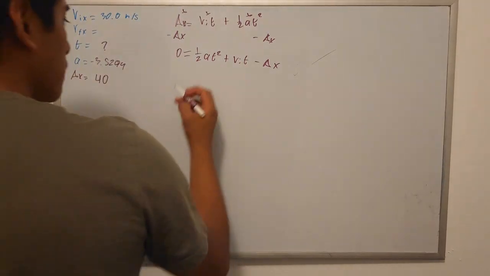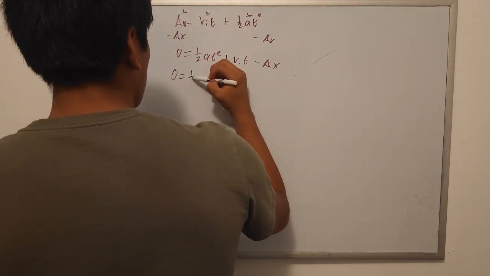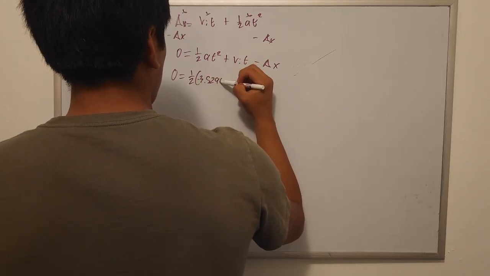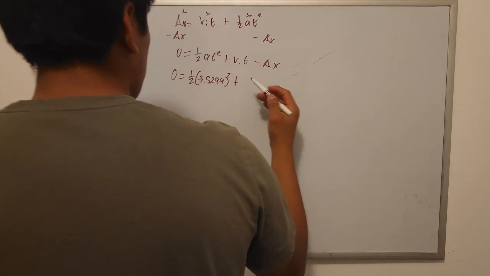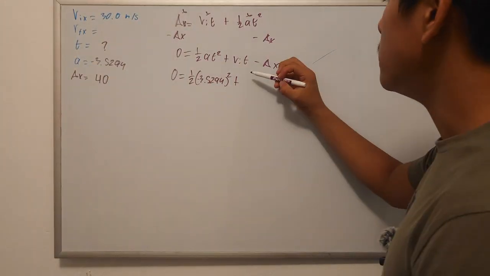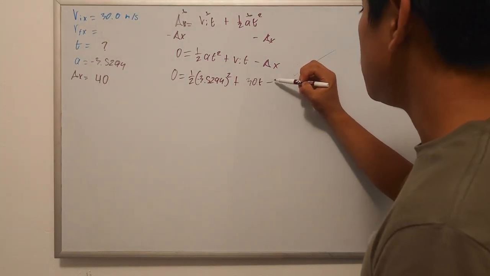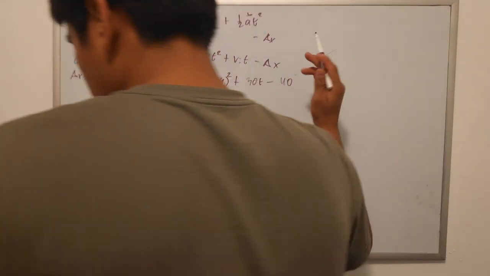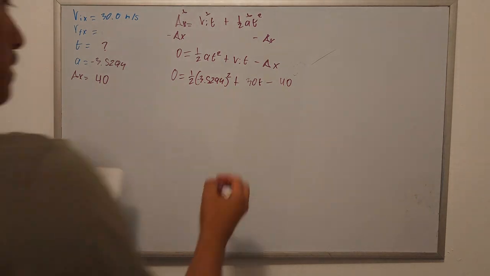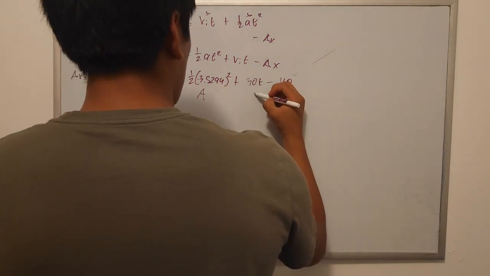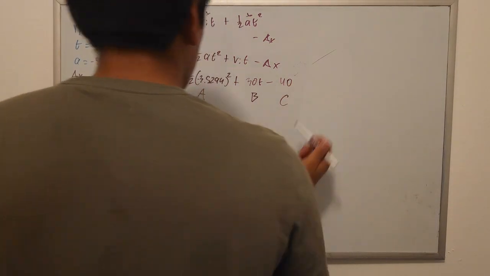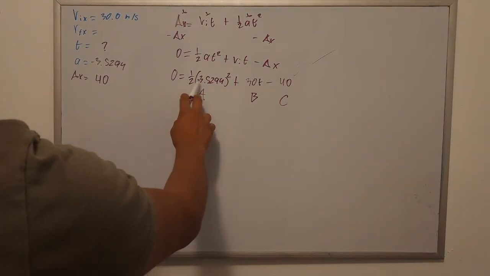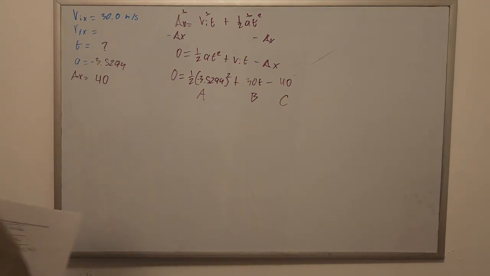Now you plug in your variables: 0 equals 1/2 times negative 3.5294 t squared plus velocity initial, which is 30, times t, minus delta x, which is 40. This is going to be your A, that's going to be your B, and that's going to be your C. So 1/2 times the acceleration is your A.